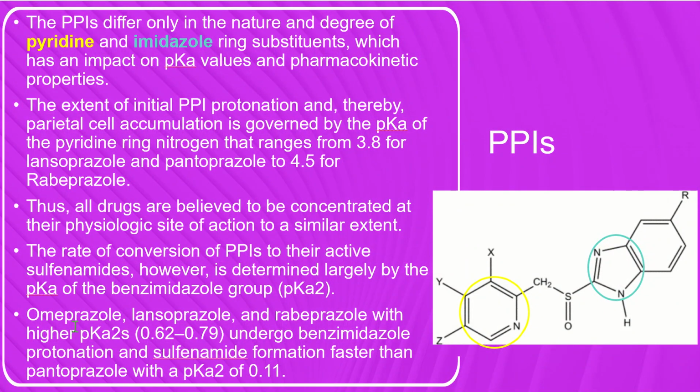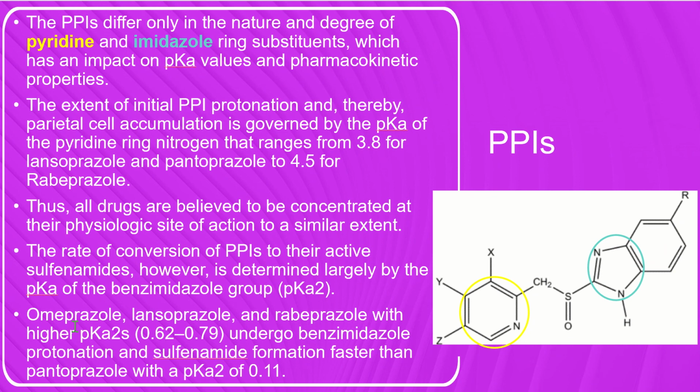So as a result of that, omeprazole, lansoprazole, and rabeprazole with higher pKa2s, that is, they range from 0.6 to 0.79, undergo benzimidazole protonation and sulfenamide formation faster than pantoprazole with a pKa2 of 0.11, right?